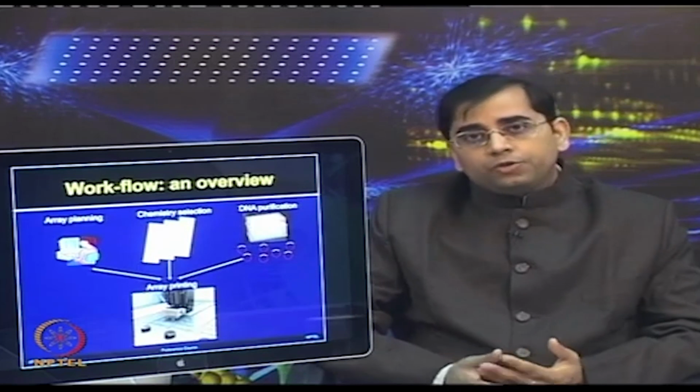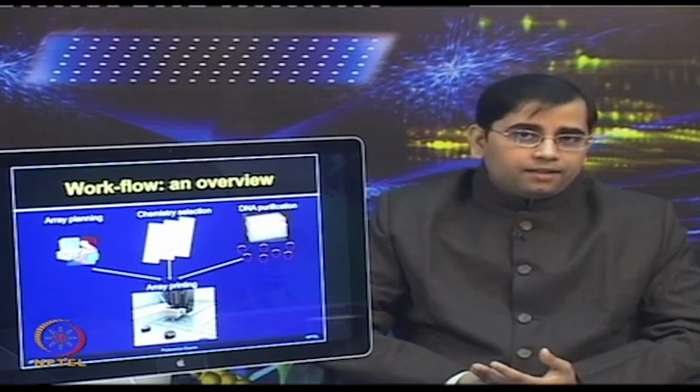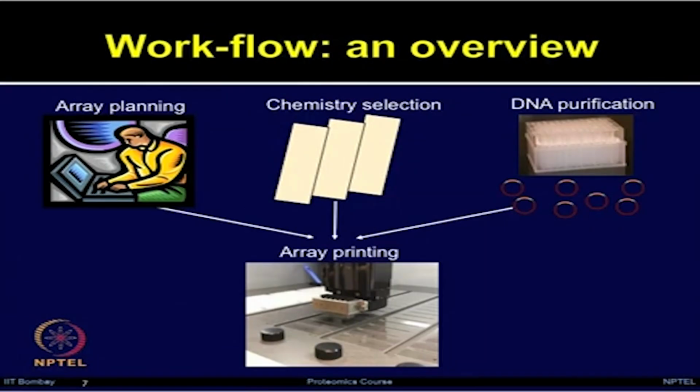What chemistry needs to be selected, how to verify the DNA. And once you have the slide functionalized and ready, and you have the DNA in the printing mix, all you need to do is print those on a large number of slides, and you have chips ready for various applications. So, let us start with the array design first of all.